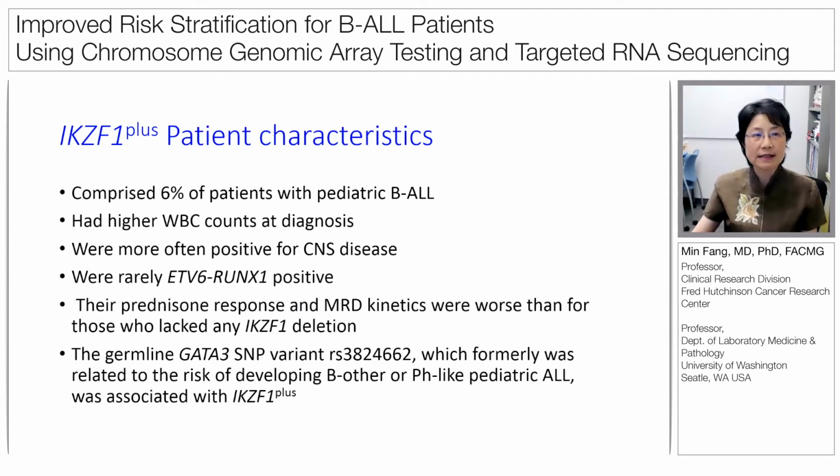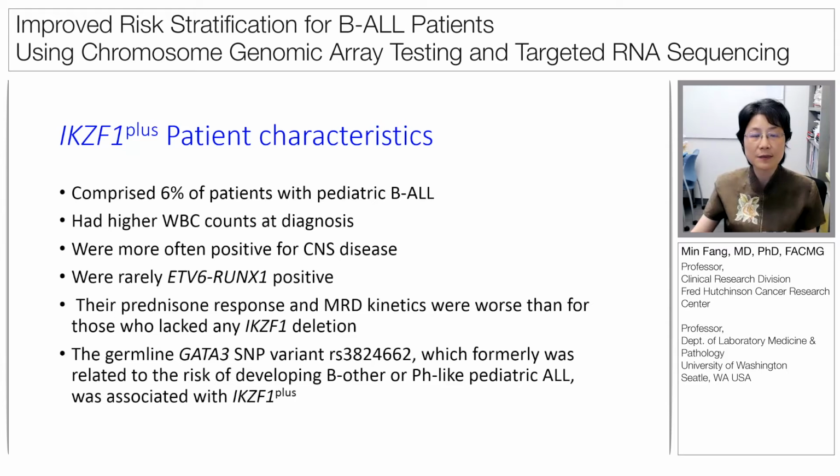These patients comprise about 6% of this pediatric cohort, and they had higher white blood cell counts at diagnosis. They were often positive for central nervous system disease. They were rarely t(12;21) positive, which is associated with favorable prognosis.